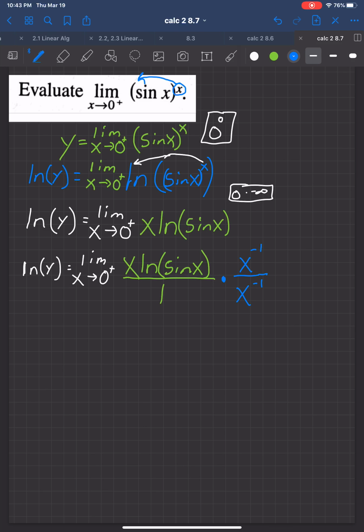The x times x to the negative 1 will divide itself out. That will leave me with ln of y equal to the limit as x approaches 0 from the right of ln sine of x over 1 over x.